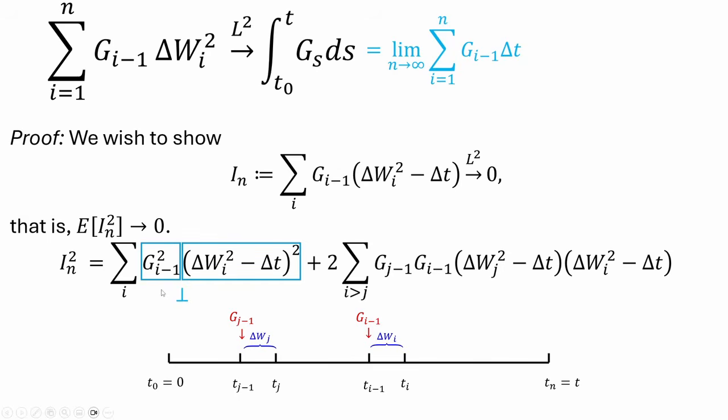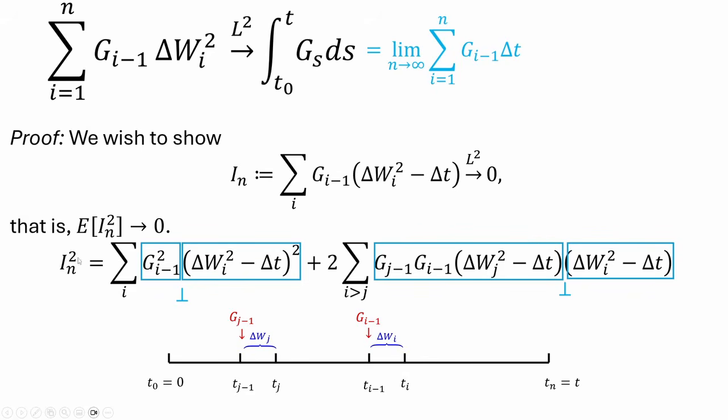In the first summation, it is clear that g_{i-1} squared and (ΔW_i squared minus Δt) squared are statistically independent. And in the second summation, notice that g_{j-1}, g_{i-1}, and ΔW_j are all to the left of ΔW_i, and therefore we have these two boxed terms independent.